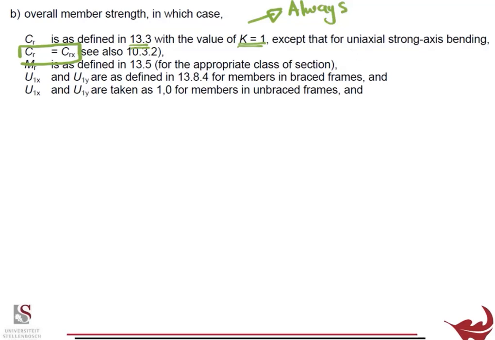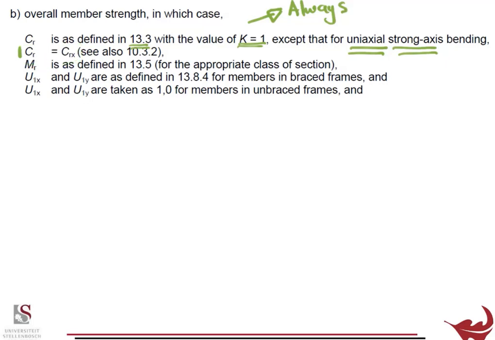If you have uniaxial, i.e. it's bending about only the strong axis, it's only got an Mux, there's no moment about the y-axis, then your capacity is based upon the compressive resistance about the x-axis. It doesn't matter if it can buckle about y, you only check x.